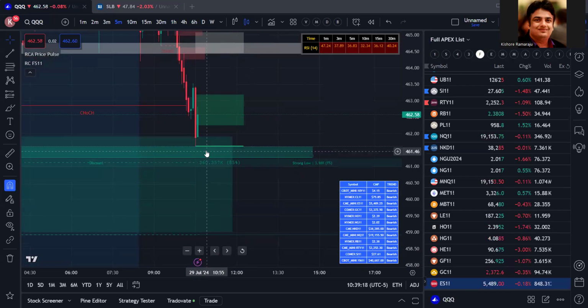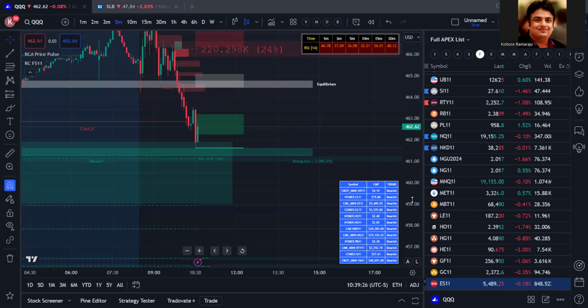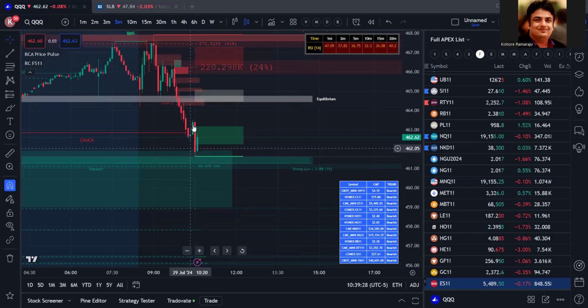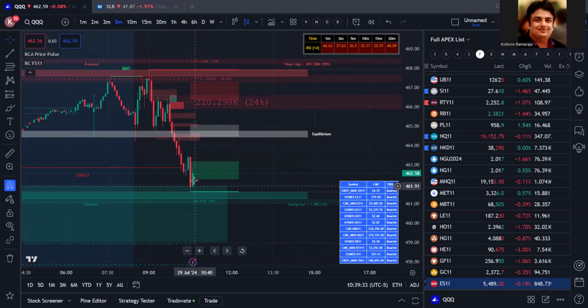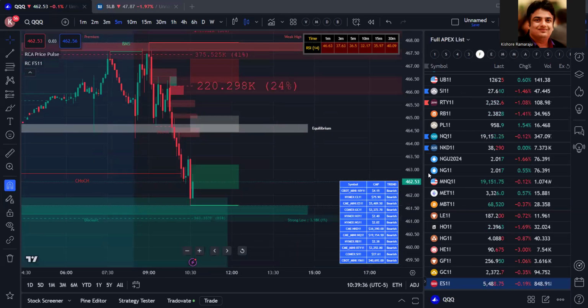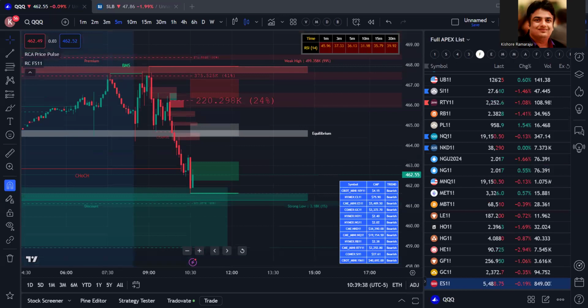You can see there is a 360,000 buy order block here. It came all the way to the discount zone, trying to bounce up. So if it makes a double bottom, we can buy calls. Otherwise, as of now, we can also do a credit spread. So we can sell QQQ for tomorrow.